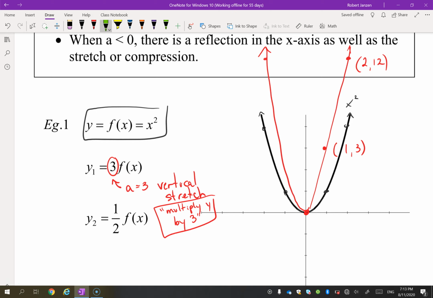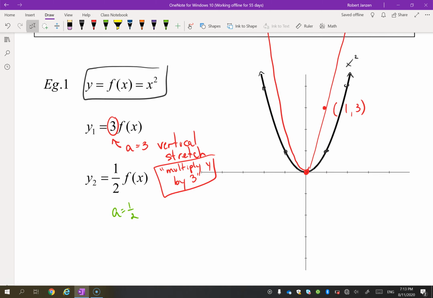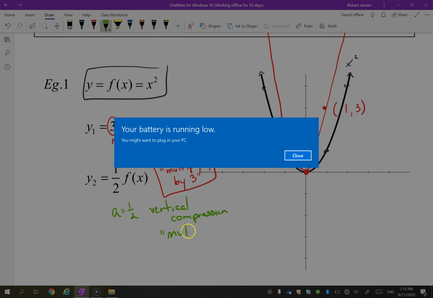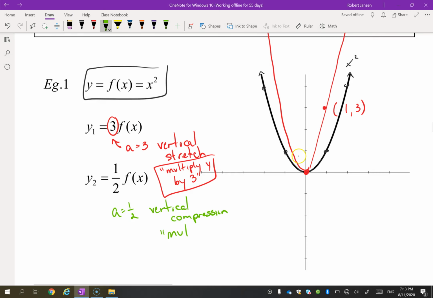On the other hand, here A is a half, so this is going to be a vertical compression. I'll write that. But again, I don't like that language as much as I like to say multiply y by half. So if I take this y value and multiply it by a half, it's going to be here.